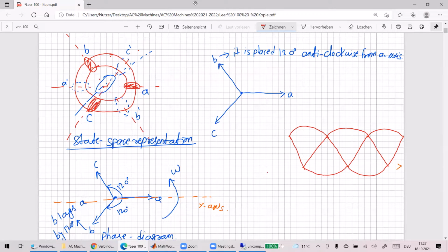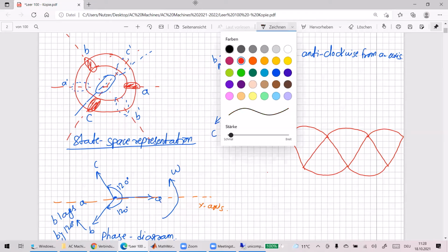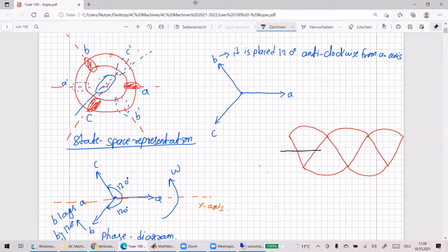And then you can just draw the axis in between. This gives you the ABC. So probably like this, it goes.